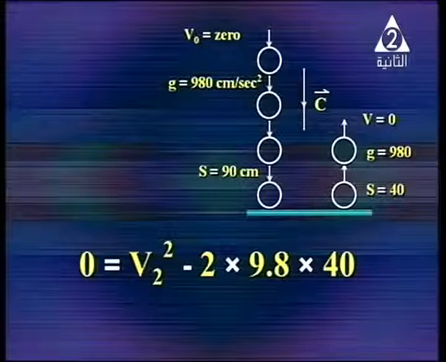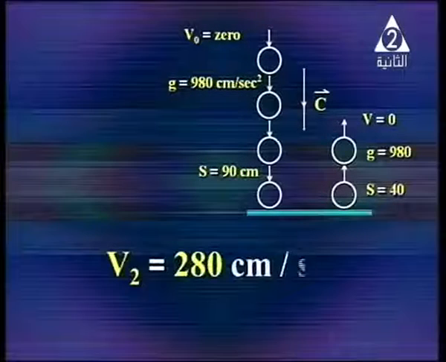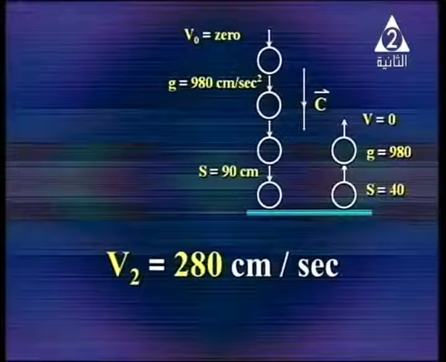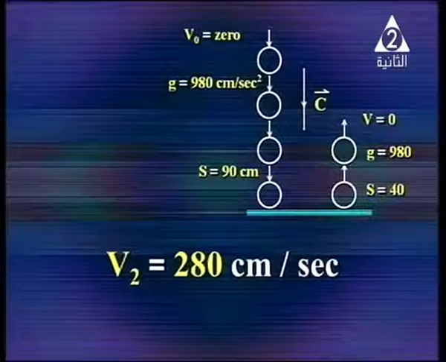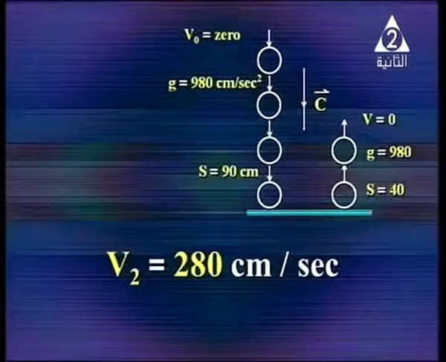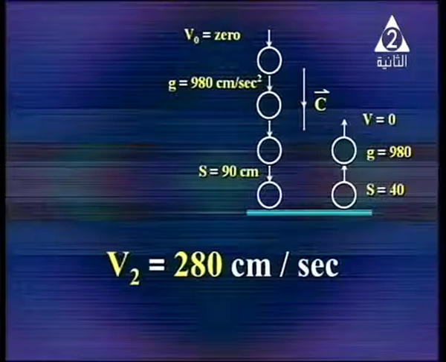In this case, we find V2 by using square root. We find velocity 280 centimeter per second.